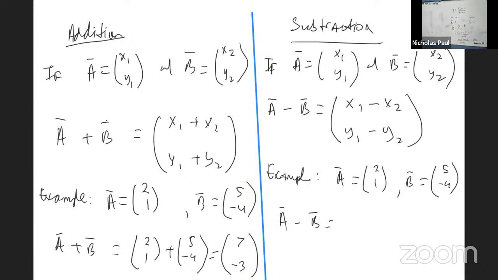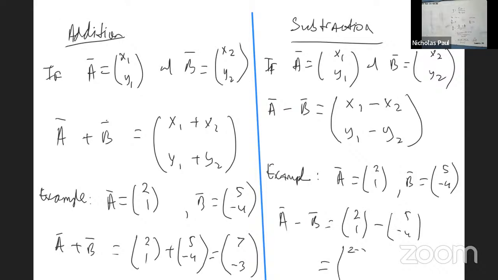Right, what you all got? Right, so it will be (2, 1) minus (5, -4).